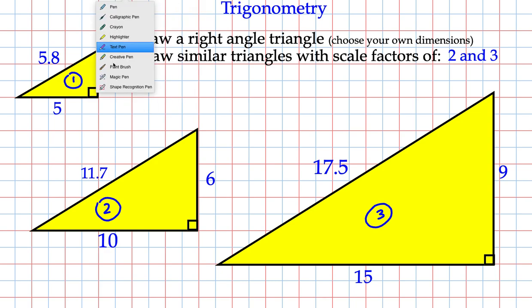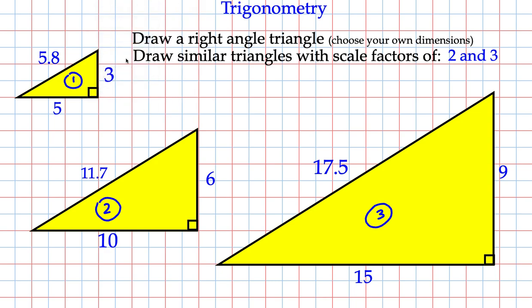So 3 divided by 5 is 0.6, and 6 divided by 10 is 0.6, and 9 divided by 15 is 0.6.